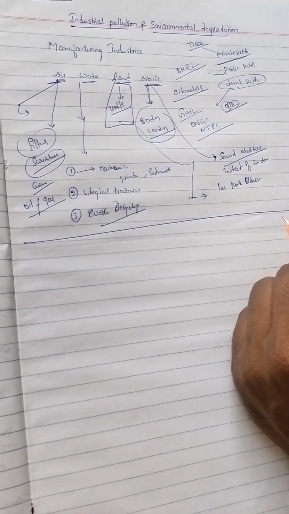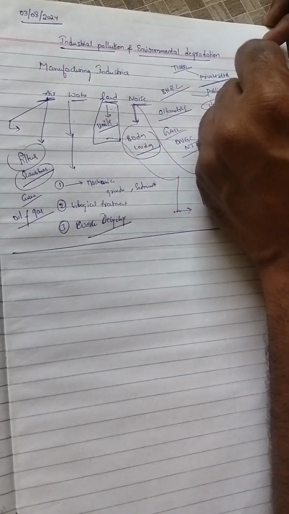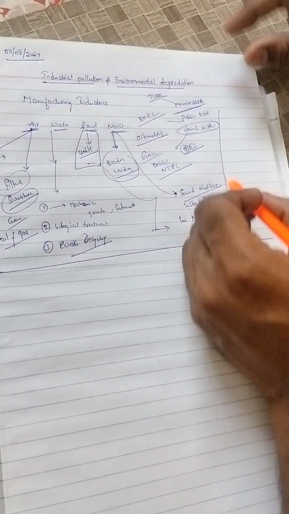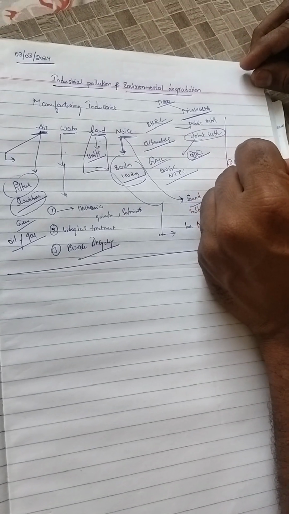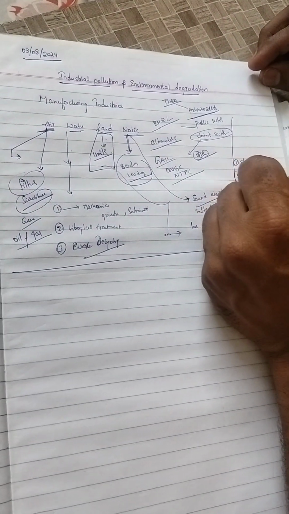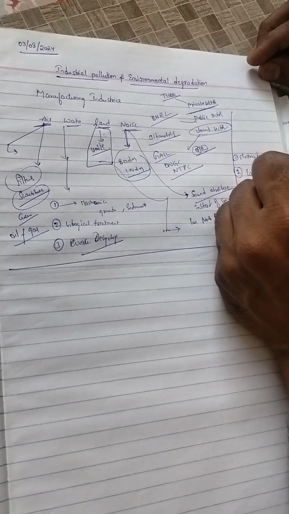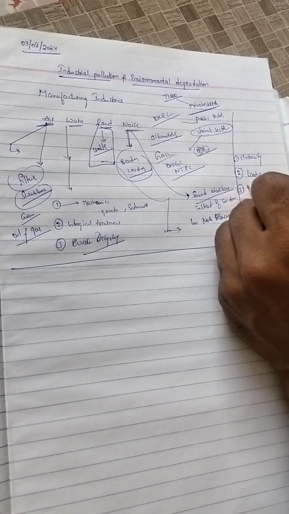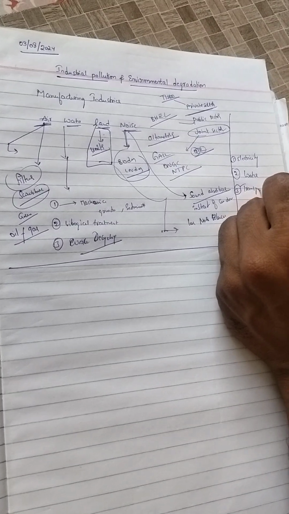Now one more point: if any person wants to establish an industry, he has to see the factors. First of all, electricity, a proper electricity line to that place; second, water; and third, road transportation facility.